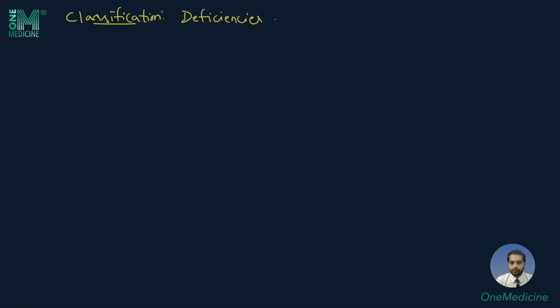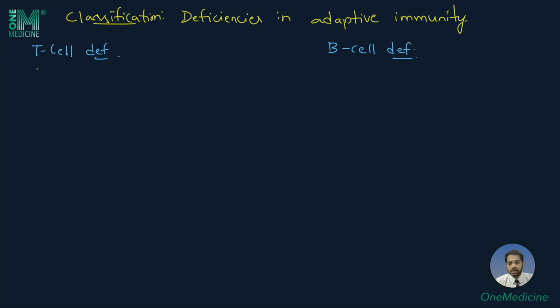Deficiencies in adaptive immune system. This can be broadly classified into T cell deficiencies and B cell deficiencies. T lymphocyte deficiencies can have impaired development, impaired survival of the T lymphocytes, and even impaired T cell migration.